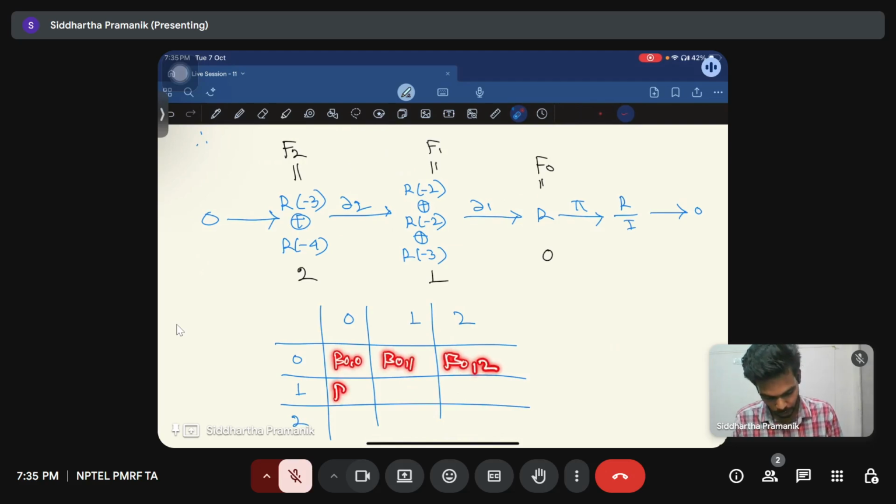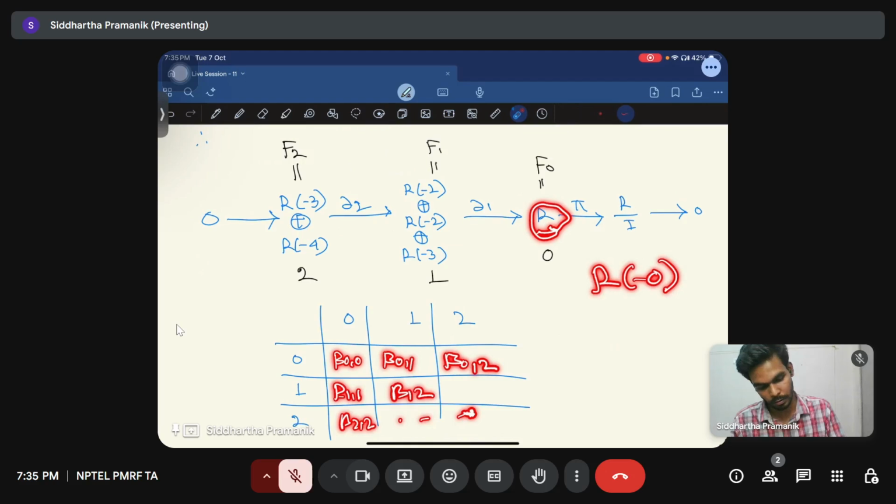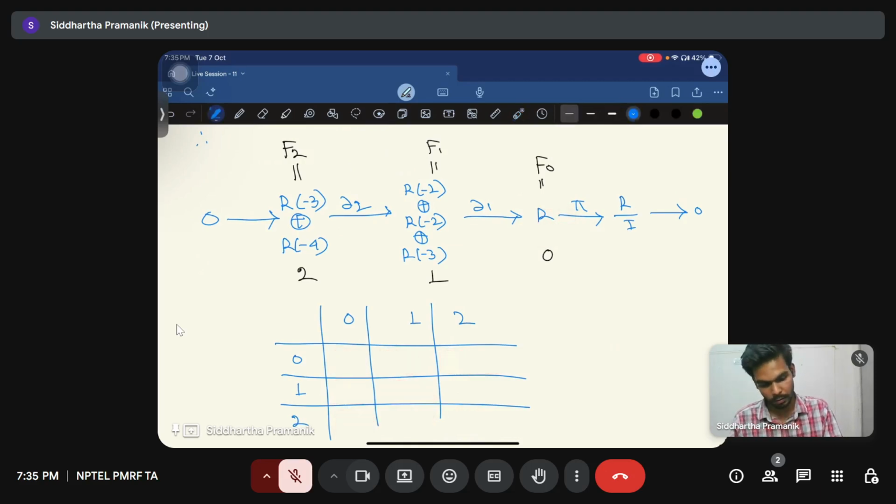Here beta 1 comma 1, beta 1 comma 2, beta 2 comma 2, and so on. So beta 0 comma 0 means in the 0th free module, copies shifted by minus 0. So the number of copies of R minus 0 in F0. So this is 1.